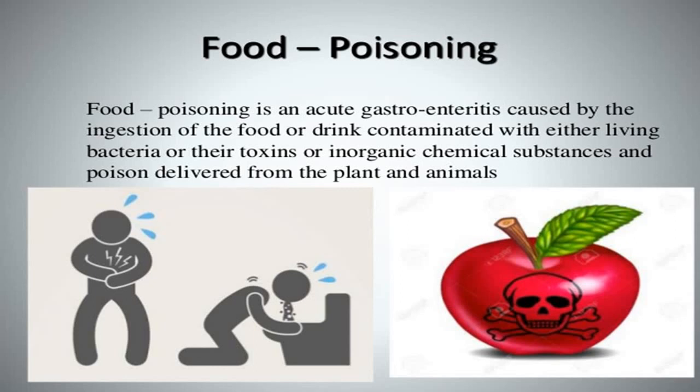Now food poisoning. It is acute gastroenteritis, which is caused by the ingestion of food or drink that is contaminated with bacteria or toxins present in the food. It usually causes diarrhea, vomiting, and abdominal pain.